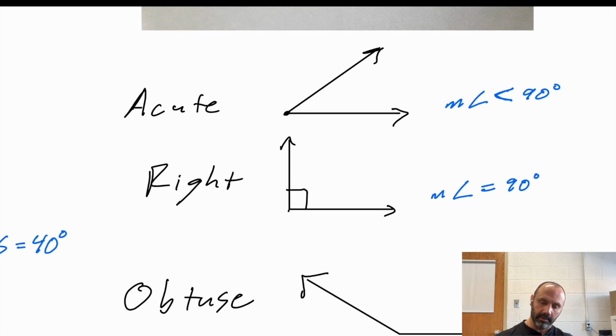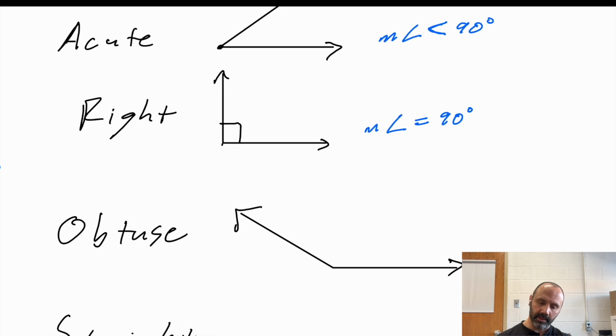Okay, and we often put a little square in the corner here to show that it's a right angle. It's a square angle. So if you see this, it looks like a little box stuffed into the angle there. That means it's a 90-degree angle. An obtuse angle is one where the measure of the angle is greater than 90 degrees.